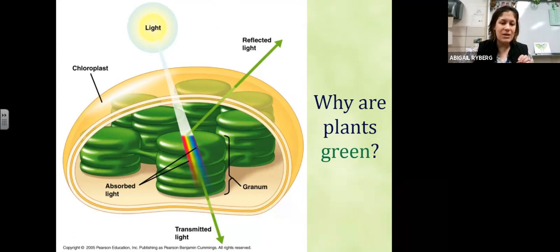The chloroplast is going to absorb all colors and reflect the color that we see, essentially. And you can see here that this chloroplast is actually going to be reflecting green light, which is why it appears to be green. So it's absorbing all of the colors except green. And we'll talk more about this.